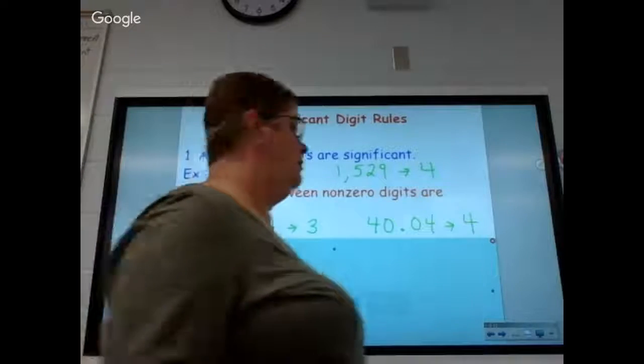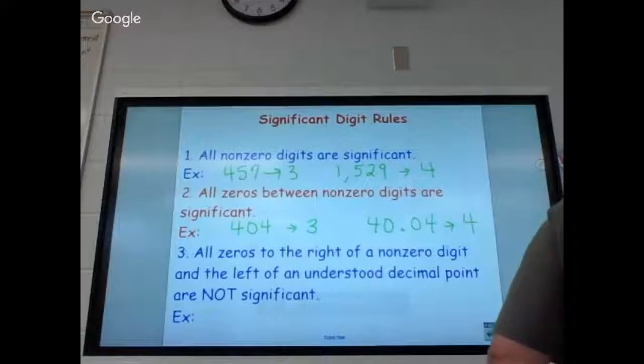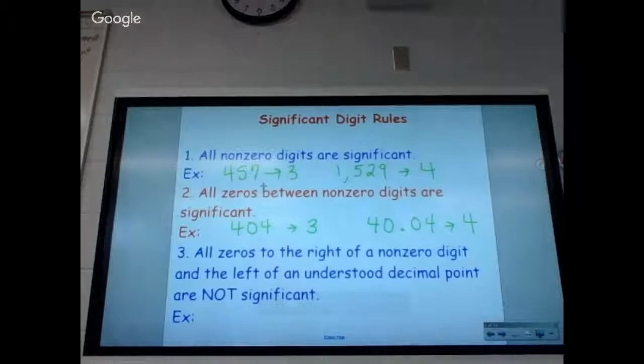Now, number 3 causes problems. All zeros to the right of a non-zero digit, but to the left of an understood decimal point are not significant. People look at that and go, what's she talking about?